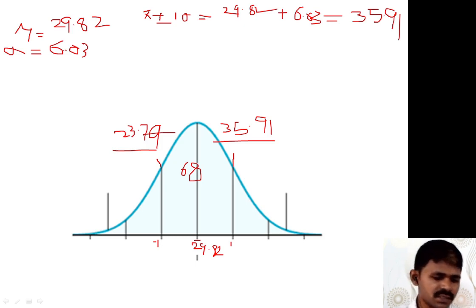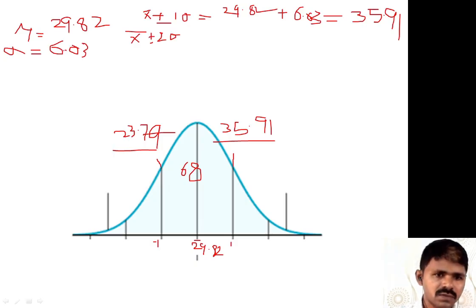If you see the 2 standard deviation level, how will the values fall? 2 standard deviations means mean plus or minus 2 times the standard deviation.